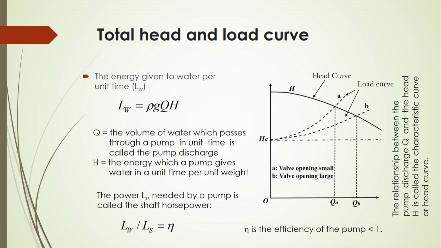Now, the energy given to the water per unit time, L_W, will be equal to rho g Q H, where Q is the volume of water which passes through a pump in unit time, called the pump discharge, and H is the energy which a pump gives the water per unit weight.